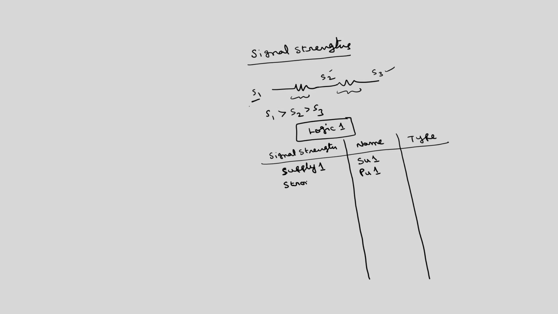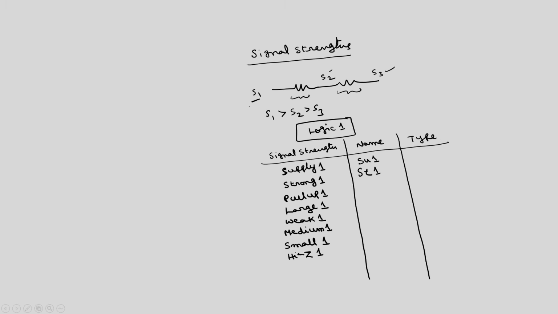Strong 1, ST1, then we have pull up 1, then large 1, weak 1, medium 1, small 1, then high impedance 1.